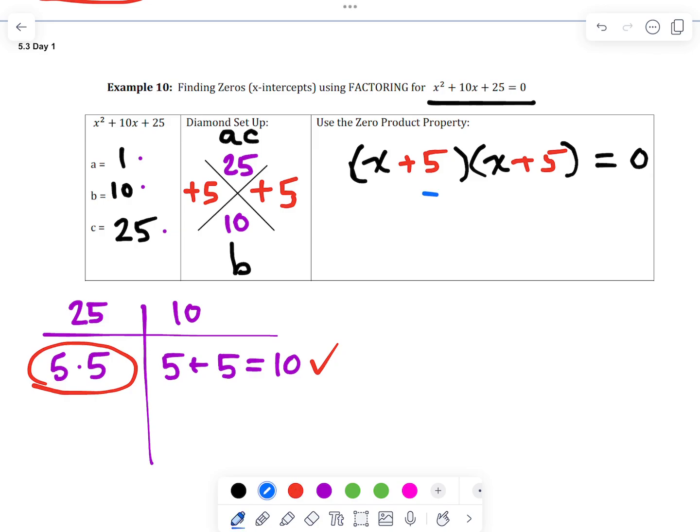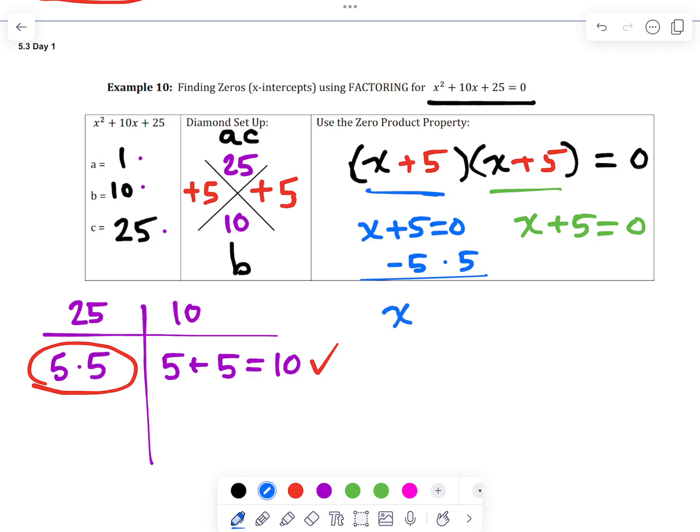So when I set this, using our zero product property, equal to 0, and I set this factor equal to 0, I solve for x. So I subtract 5, so x equals negative 5. Notice that the numbers are the same.